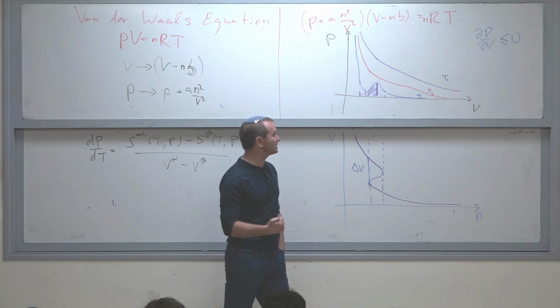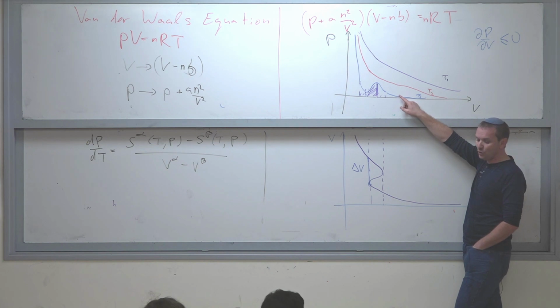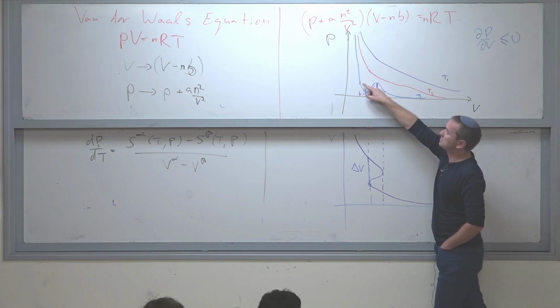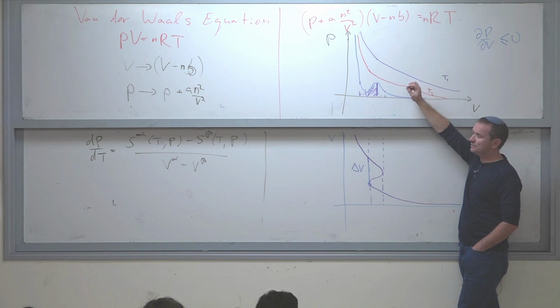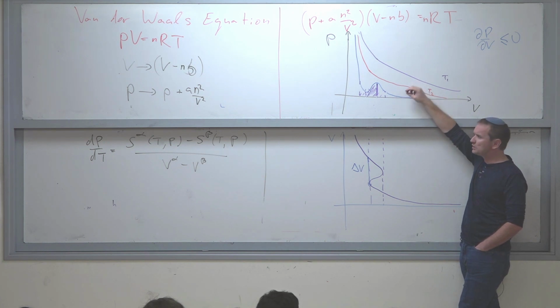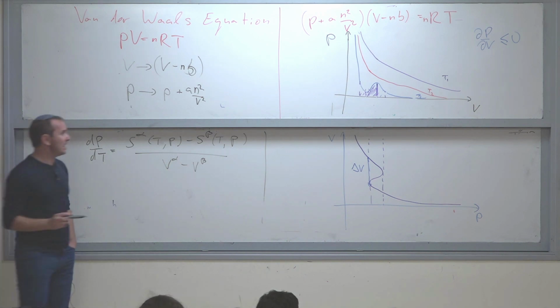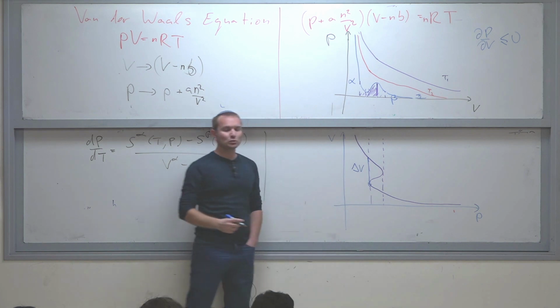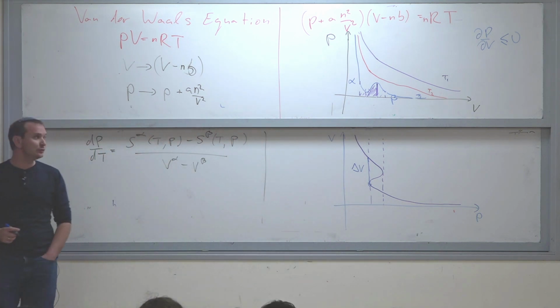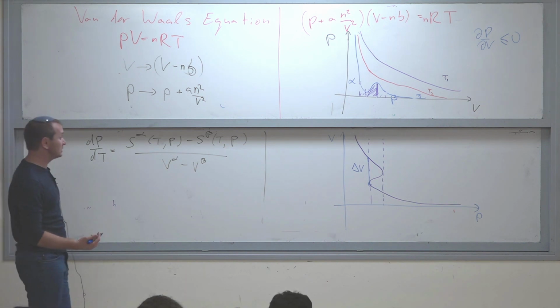Because the only thing I'm saying to you is that, yes, when this temperature is low enough and this instability develops over here, there should be some sort of a phase transition at a specific pressure and specific volume to a specific different phase. We can call this phase alpha over here, and this phase beta over here. So we have a phase transition from phase alpha to phase beta. At what volumes and at what pressures will this phase transition occur?